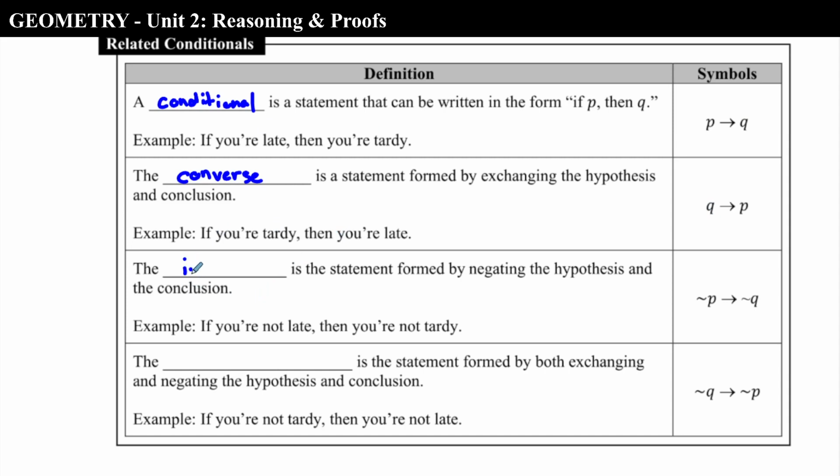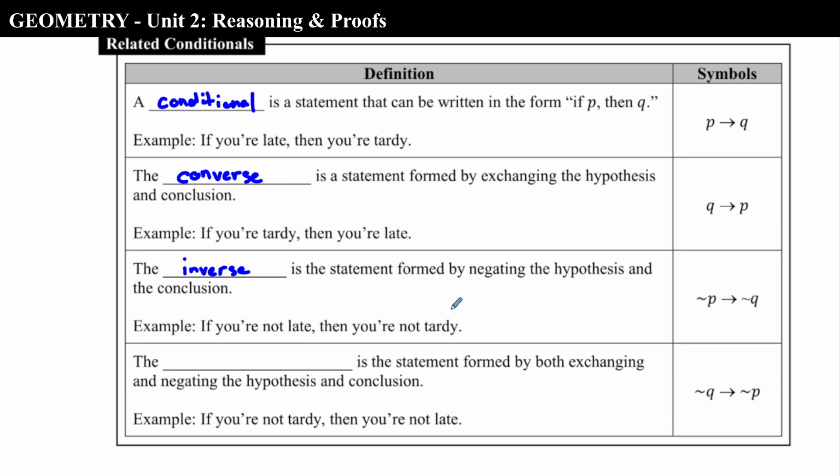The inverse occurs when you negate the hypothesis and the conclusion. So we add our nots into our original statement. So instead of if you're late, then you're tardy, if you're not late, then you're not tardy. And the negation is again indicated by the tilde before the P and the Q. Remember, inverse. Think about the inverse of 5. The inverse of 5 is -5.